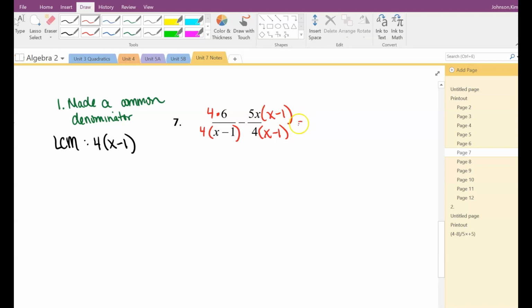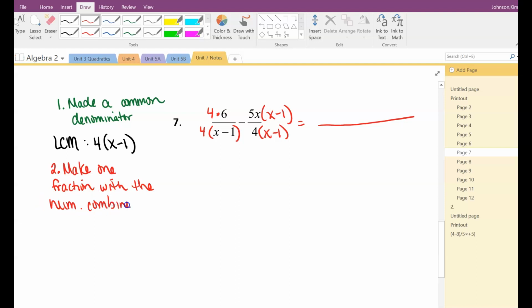Okay, so now I can make one fraction with the numerators combined and the common denominator underneath.